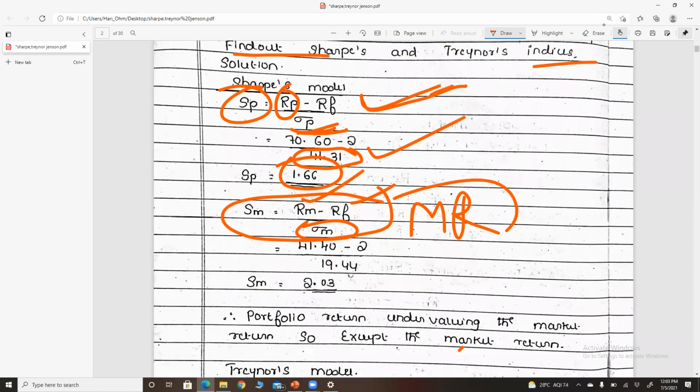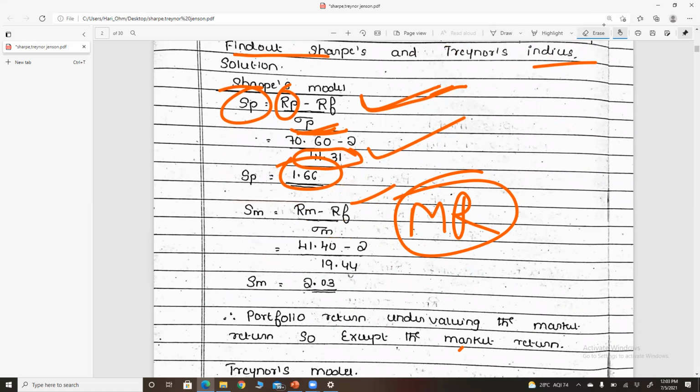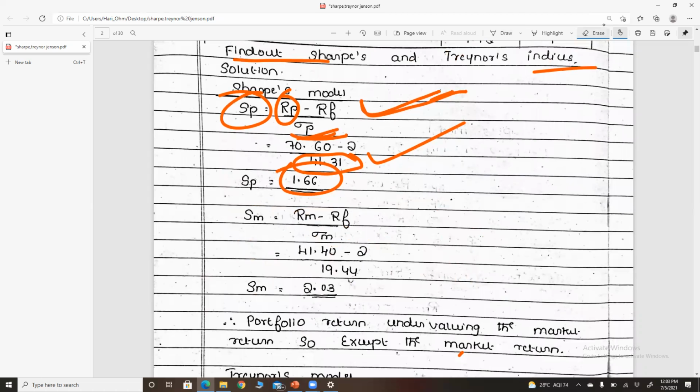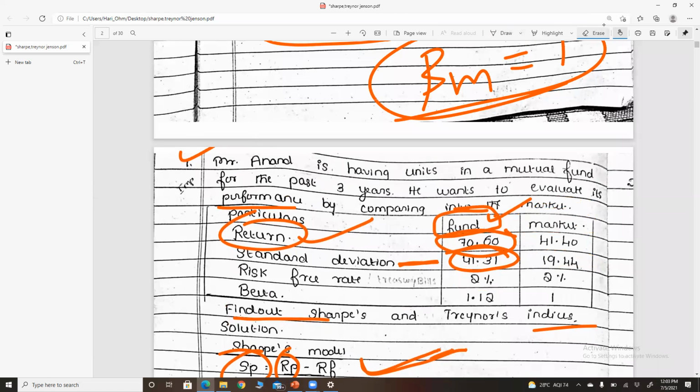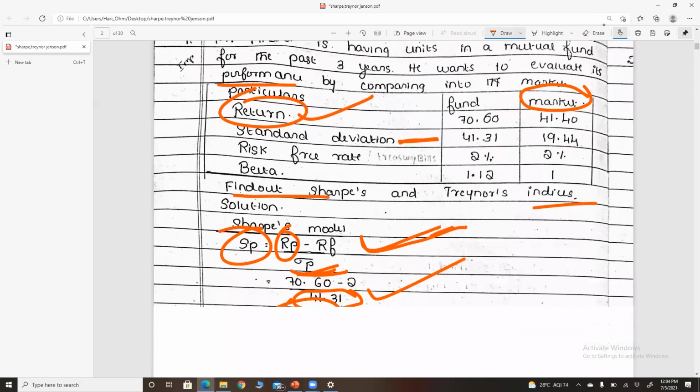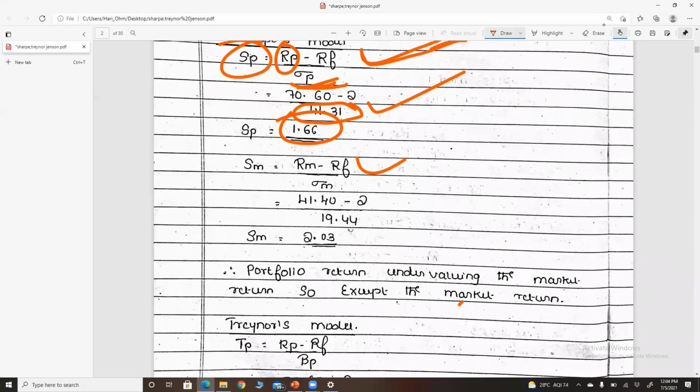Next, you need to calculate the market return. For market return, the formula is RM minus RF divided by standard deviation M. So you need to check this particular column, that is the market column. You have to use this particular column's values. Here you are going to calculate the market return, right?